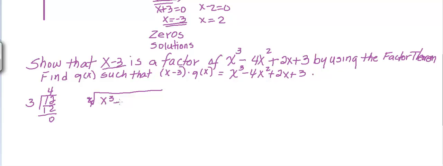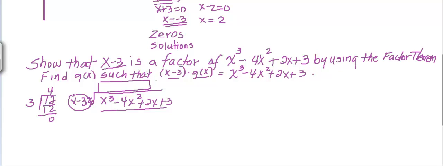I'm saying that this quotient multiplied by the factor has to equal the dividend. You already know this from what we've discussed before, and that's what it's saying in this problem. Find the quotient so that when I multiply that quotient by the divisor, I get back my dividend. Sometimes the wording can be confusing.